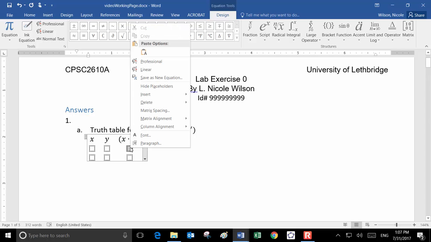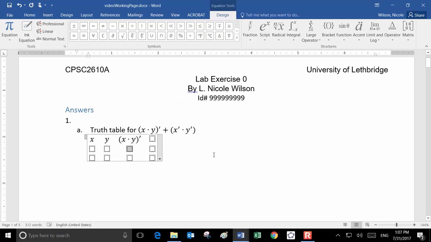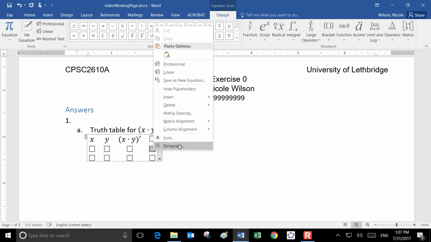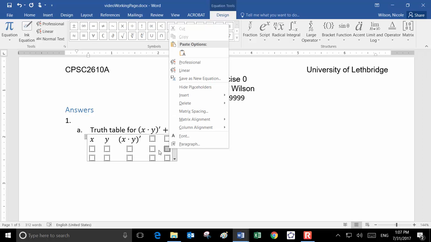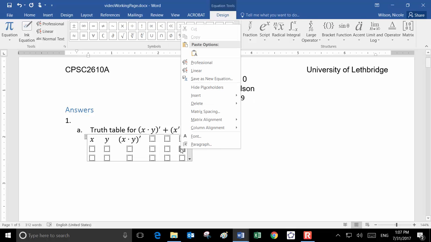Then I want a column for not x, so I'm going to insert a column after, and one for not y, and one for not x and not y, and then one for my final expression.